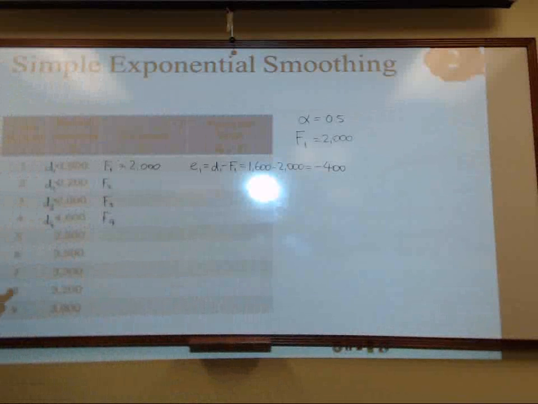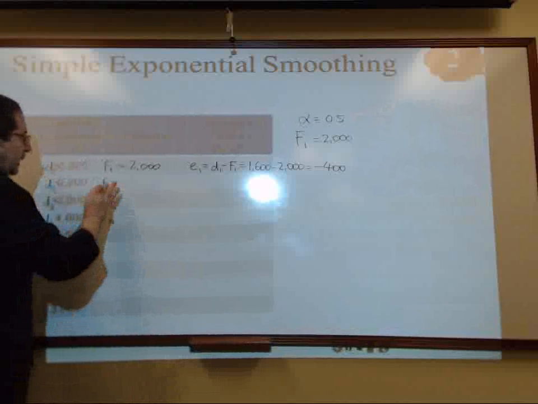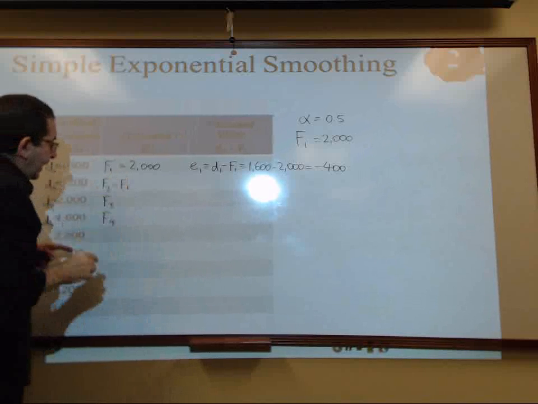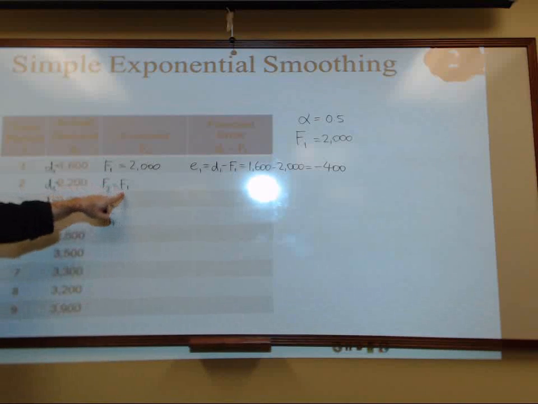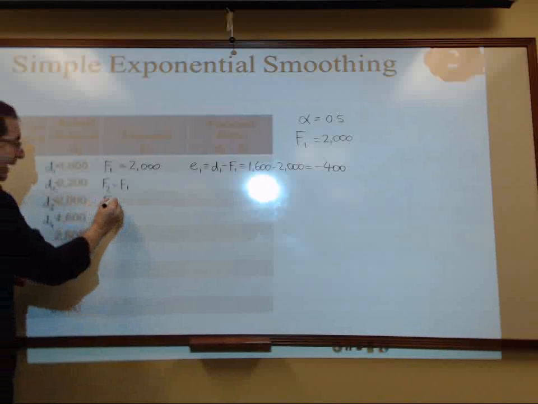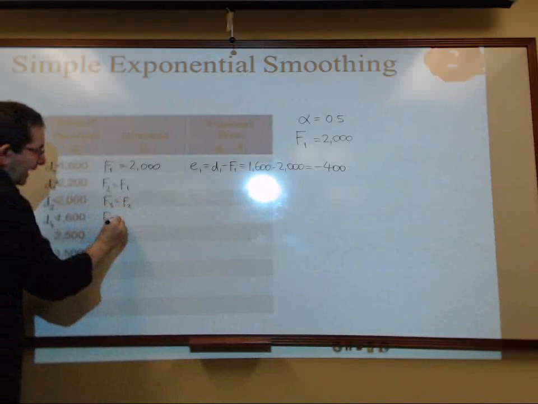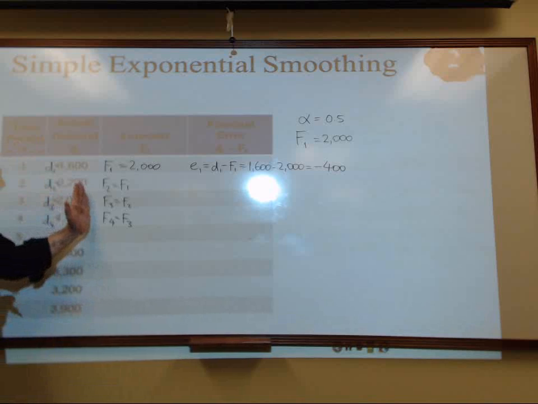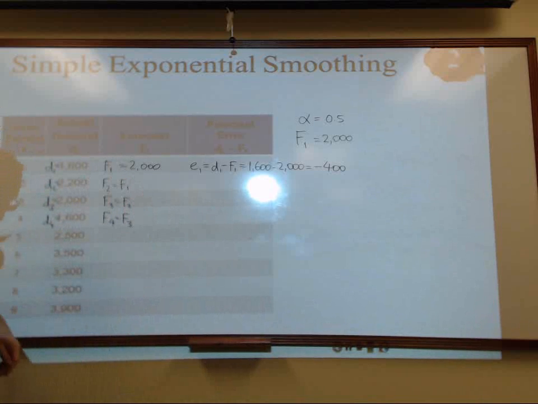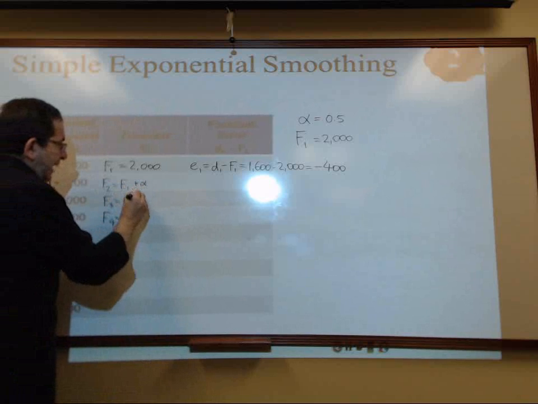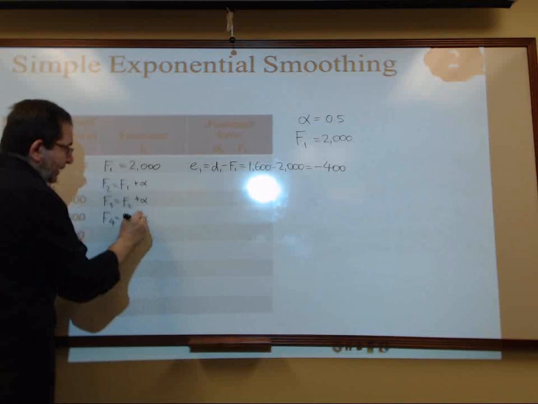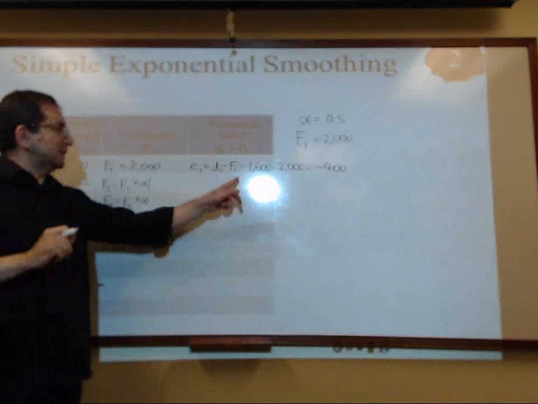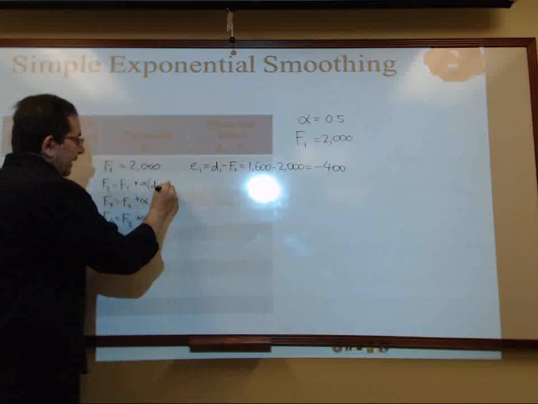Now F2 will be based on the previous forecast F1. F3 will be based on F2, F4 will be based on F3. Every forecast is based on the previous forecast, plus a correction term, plus alpha times the forecast error, which is D1 minus F1.